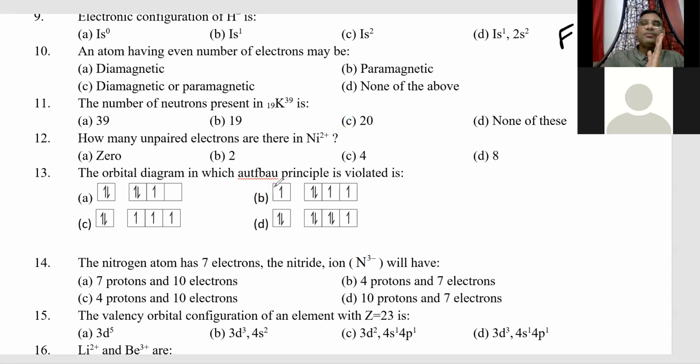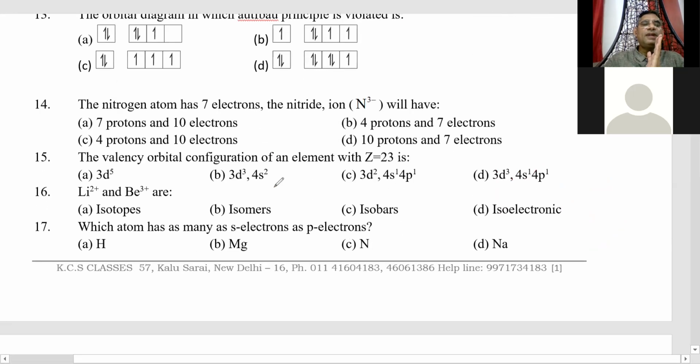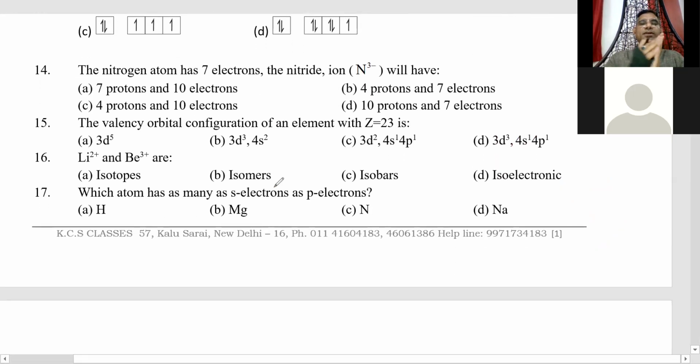Now, a nitrogen atom has 7 electrons, and the nitride ion will have 7 protons and 10 electrons.